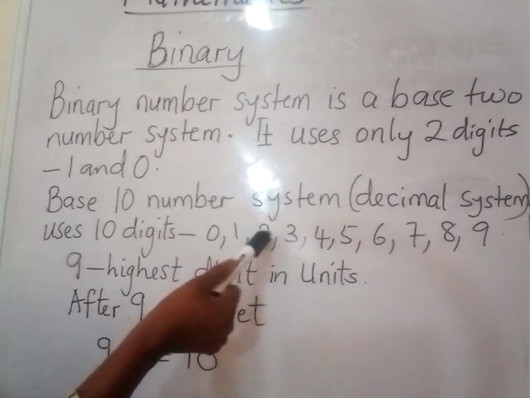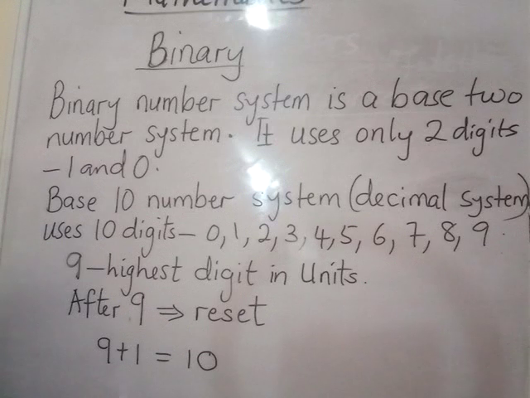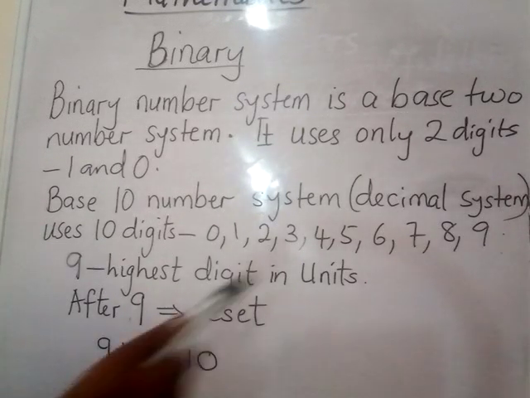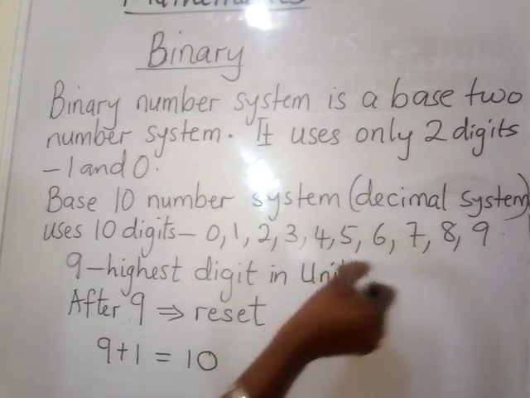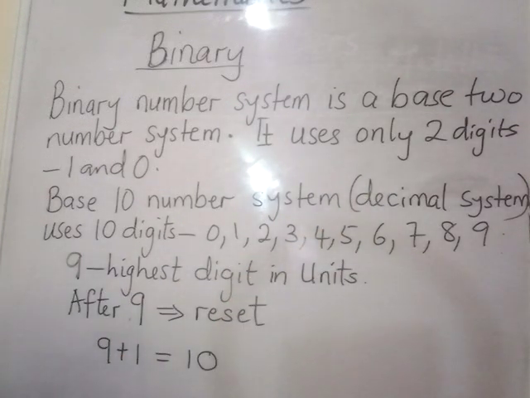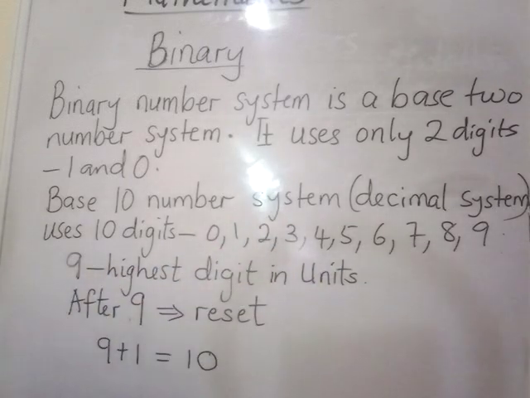That's 0, 1, 2, 3, 4, 5, 6, 7, 8, 9. Those are the digits from which all the numbers, no matter how large, are formed. 9 is the highest digit in these units, the highest unit number.